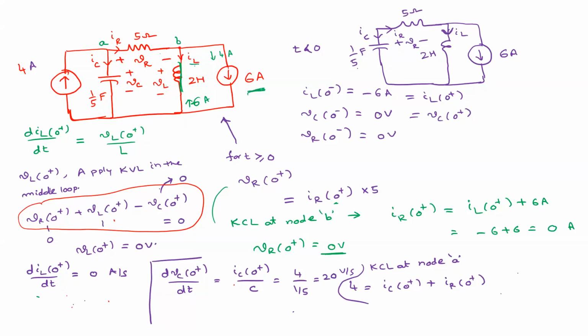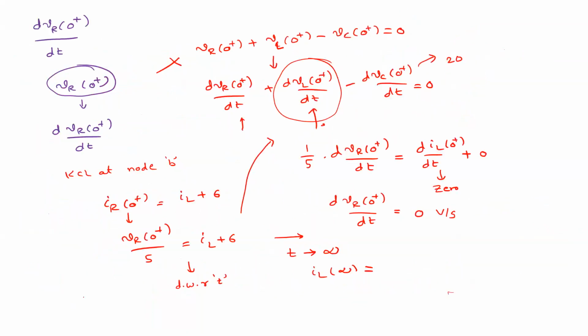The 4 ampere is due to this source, because the capacitor is open circuited, so the current must flow only through this resistor. Therefore it is 4 minus 6, which is equal to minus 2 amperes. Understood?